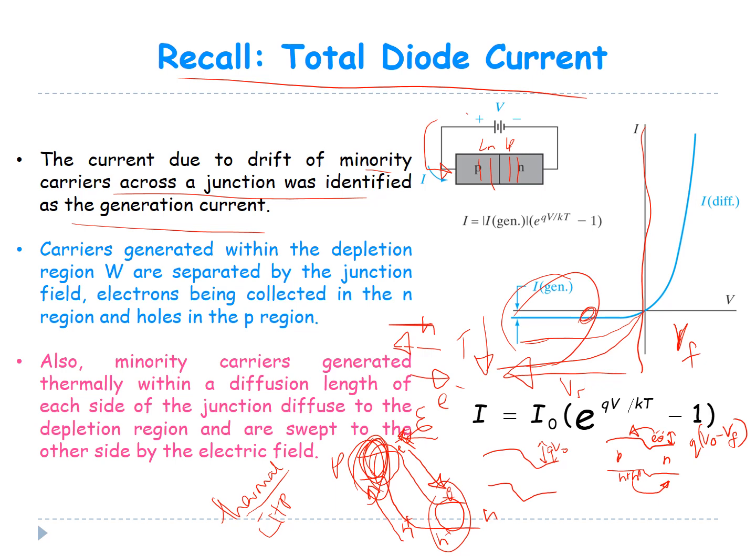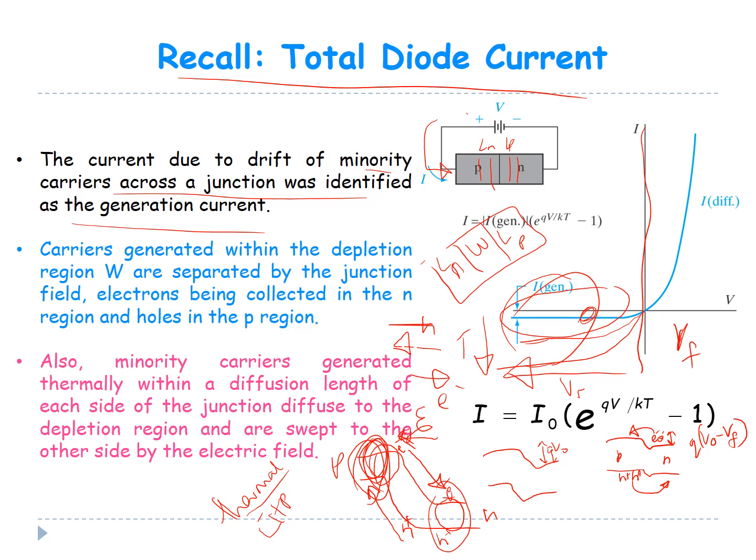So in other words, carriers should be thermally generated within this region here: Ln on the P side, W, and Lp on the N side. Within this region, if you generate electron hole pairs, these electron hole pairs will contribute significantly to the generation current.